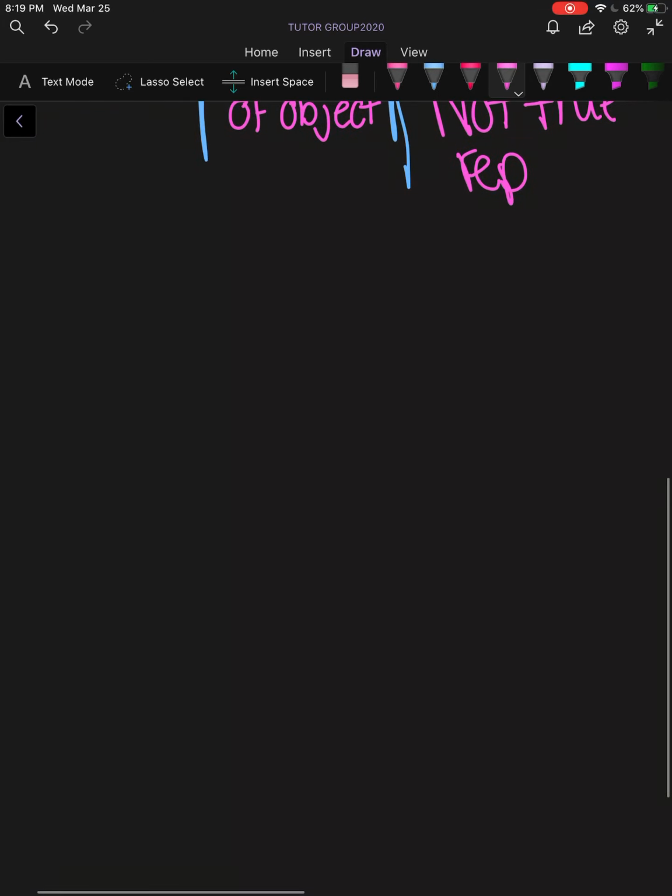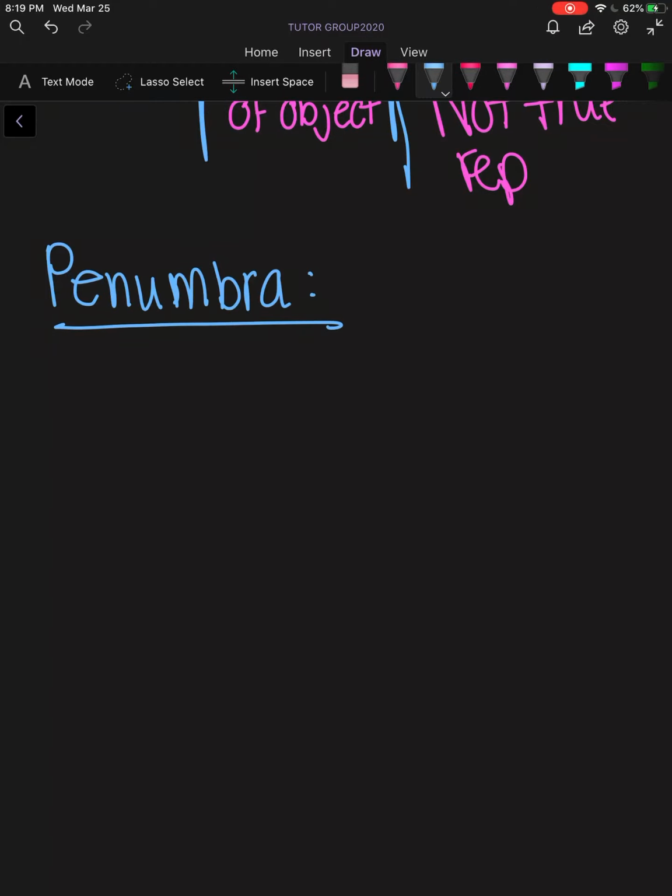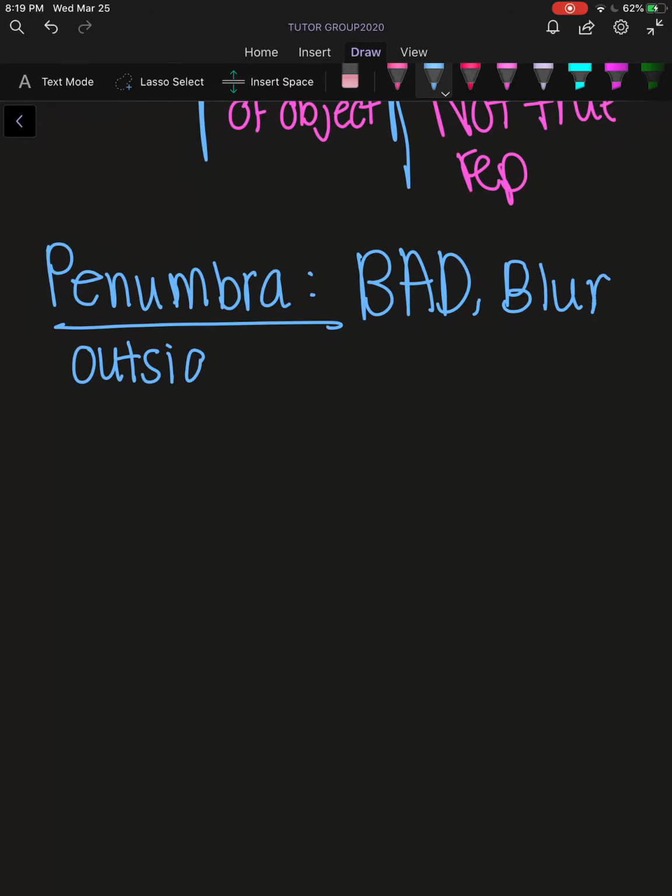But I also want to go over penumbra and umbra. Penumbra is bad. And we know that to be our blur in an image. It is defined as the outside edges. And it's going to get worse the farther away you get from the CR, because you have to think about it, that CR is usually, if there's no angle on the tube, going to be perpendicular down to that part.